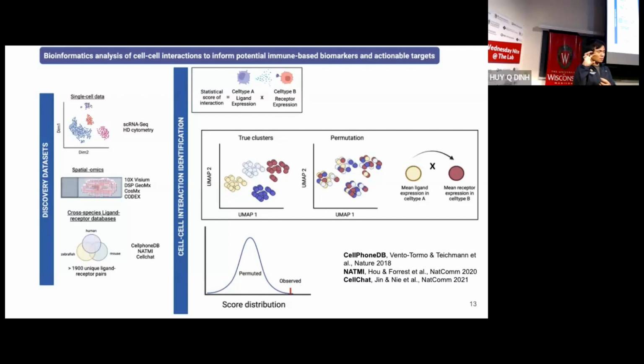They also appear similarly when the cells are not close to each other. So I think there's a short-range and long-range interaction, and they may work as a network rather than just individually. But the answer is yes, that should come from spatial data. Single cell, we're not going to have that power.